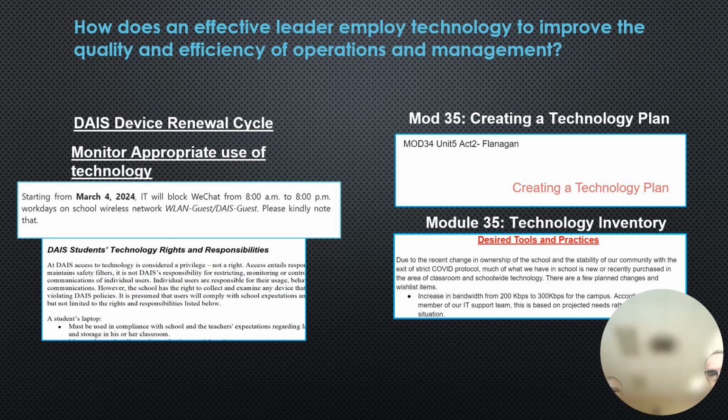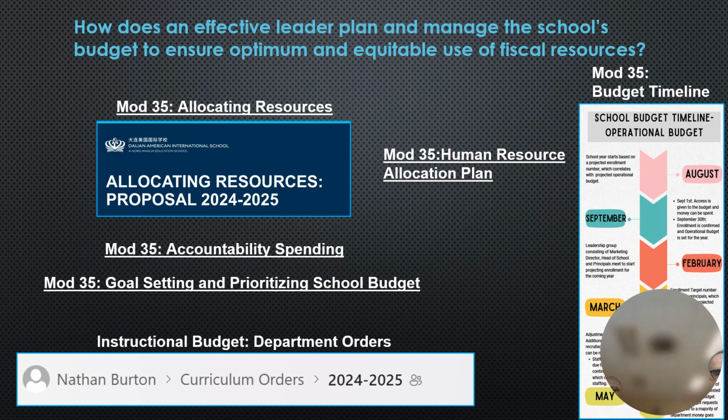And then, as you can see, the last item there was the technology inventory, which is kind of what I was referring to. But that was hard for me. I wasn't able to get hard numbers, but I really did my best to look at my third floor and then expand that into the rest of the school and see what I came up with. But obviously a large investment.